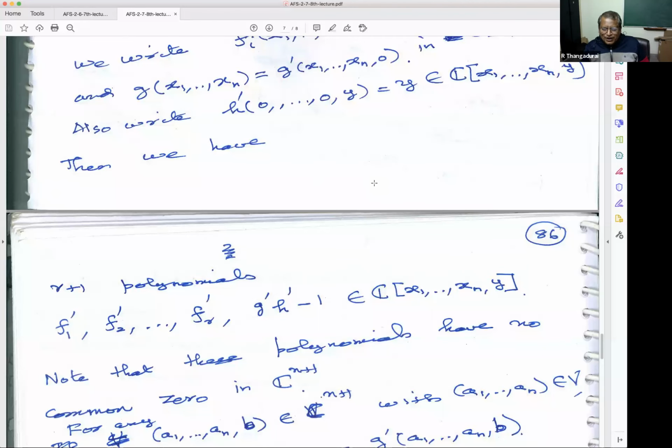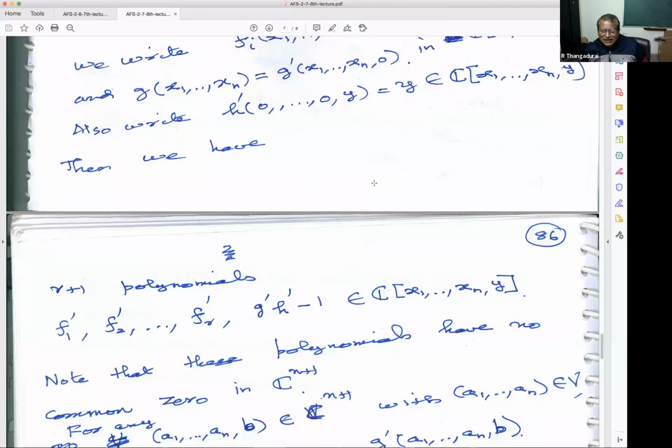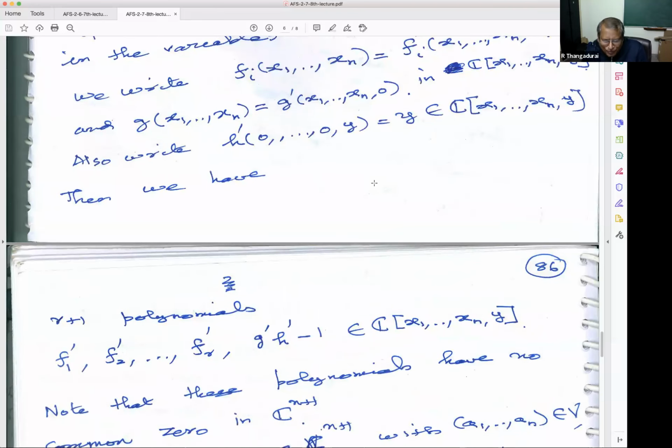We claim that these polynomials do not have a common solution. I mean, a simultaneous solution doesn't exist for this in C to the n plus 1. Is it clear to people why these polynomials don't share any common solution?